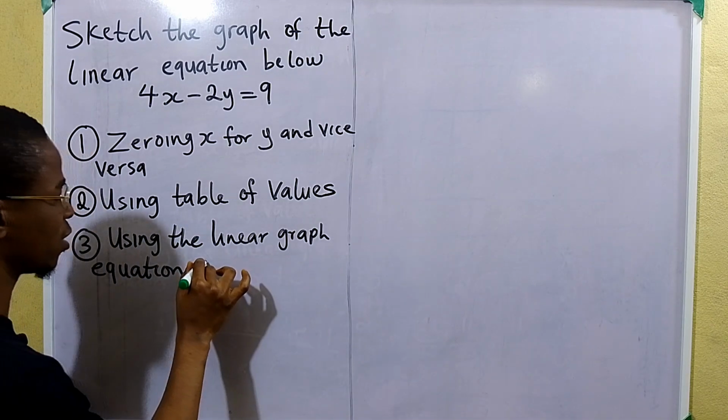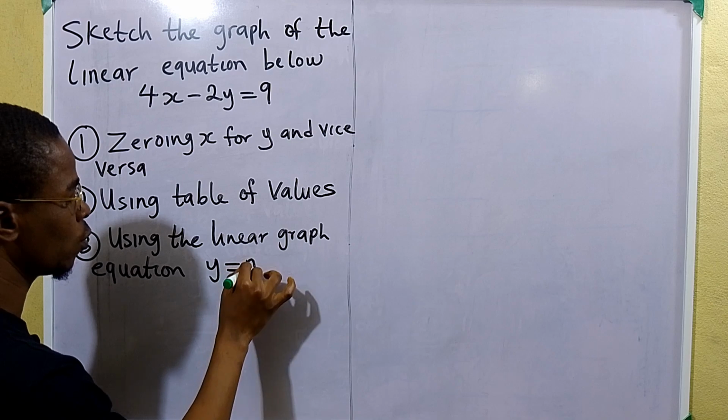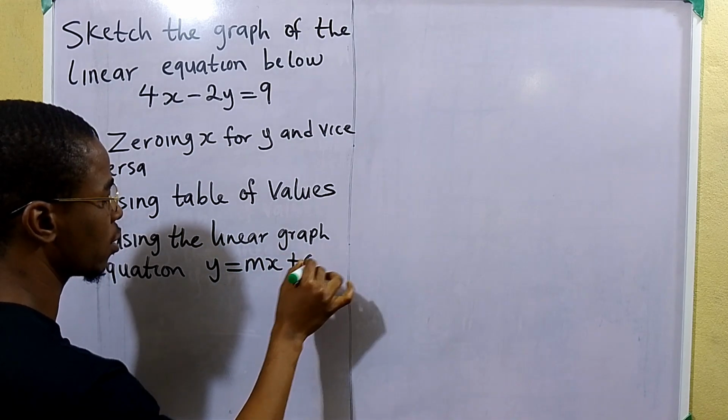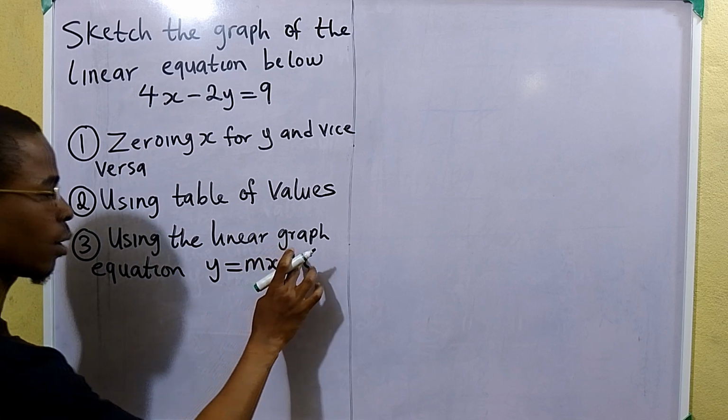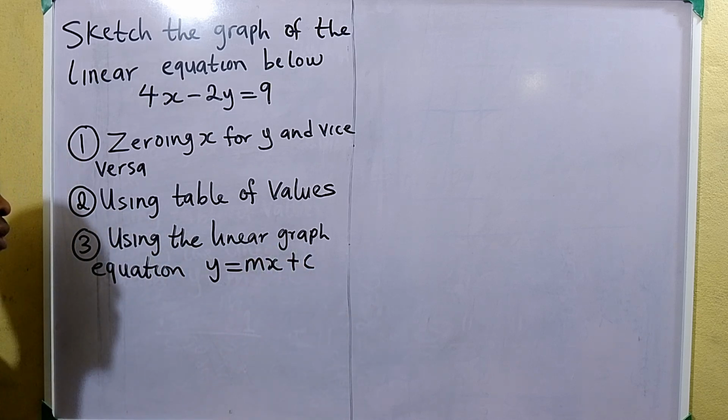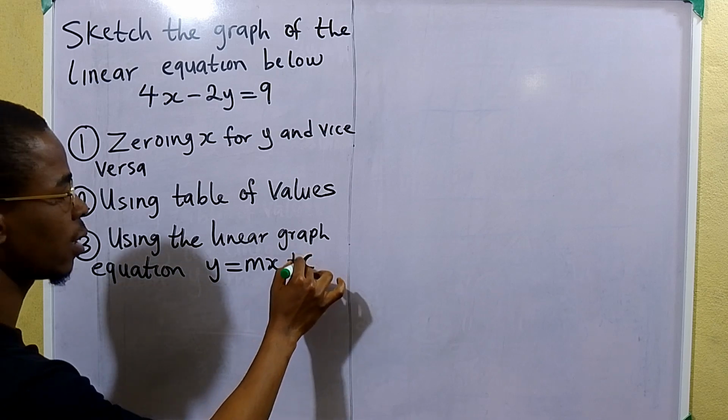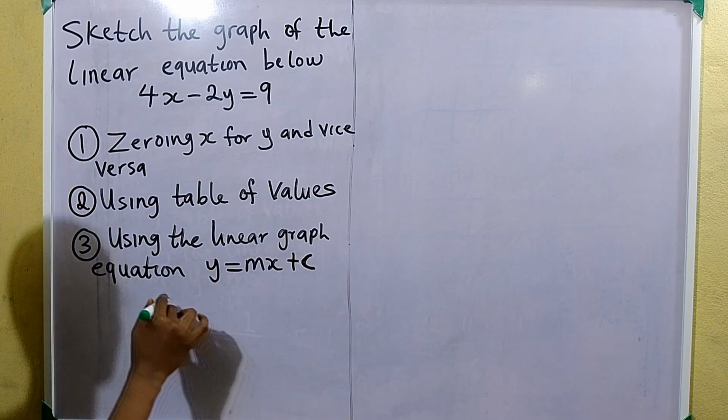The linear graph equation is this: y equal to mx plus c, where m is our gradient and c here is the y-intercept. So let's dive into it.